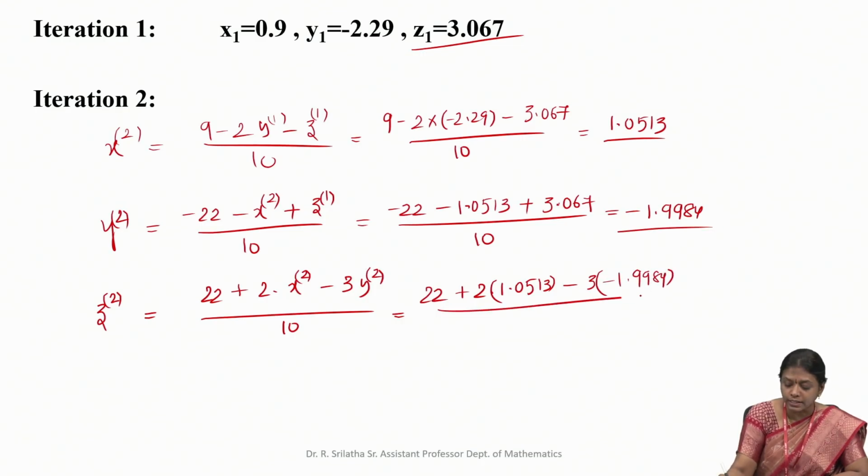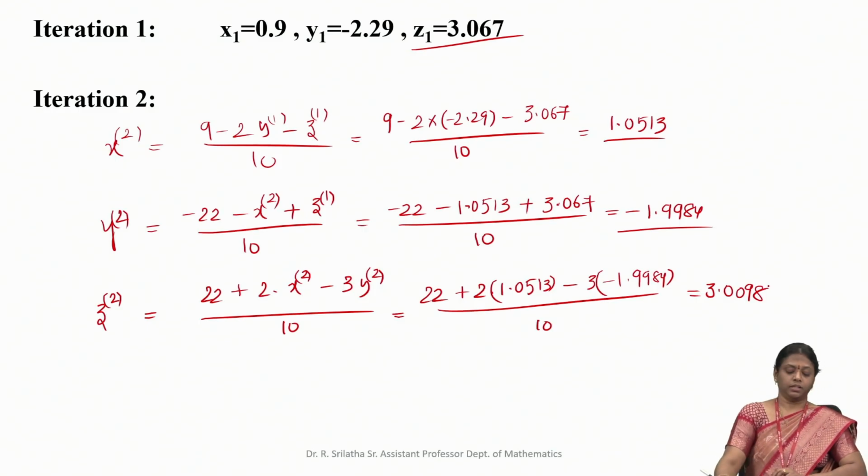So we are using the recent values, which gives, when compared to the Gauss-Jacobi method, this Gauss-Seidel method, for a smaller number of iterations, we will be getting more accurate values here. So after these calculations, I got this value as 3.0098. So these are the second iteration values I got here.